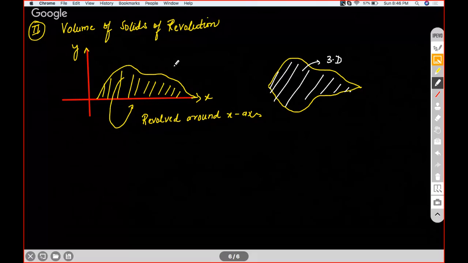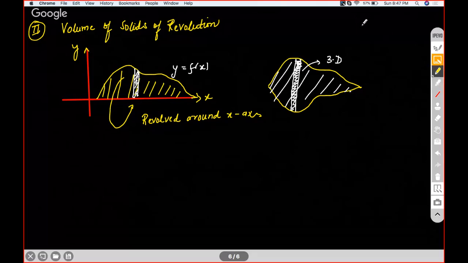Now in those cases, we consider this volume to be made up of very small disks. If you rotate this particular area, it would look like a disk like this. So think as if it has been chopped into small disks.